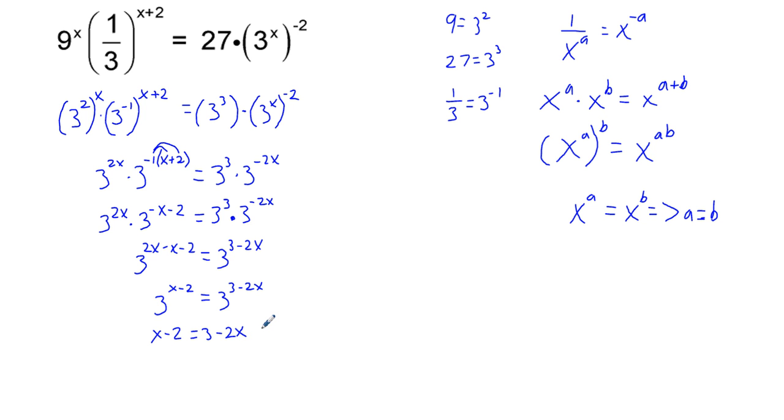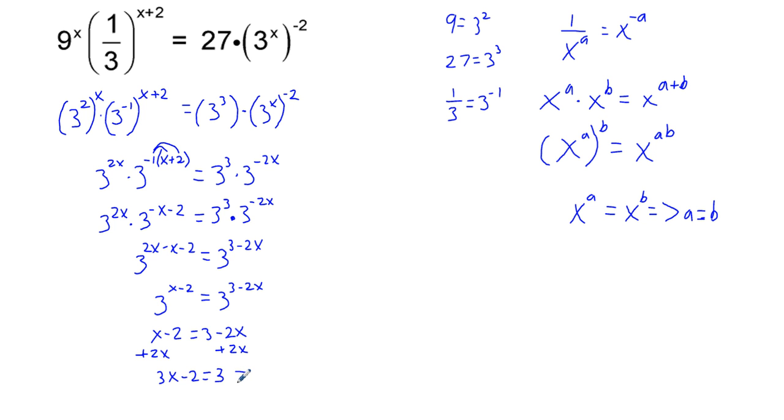And so now really it's a matter of solving this simple linear equation, which I'm going to do first by adding 2x to both sides of this equation. And what we're going to get here is negative 2x plus 2x cancel on the right side. On the left side we have 3x minus 2 is equal to 3.